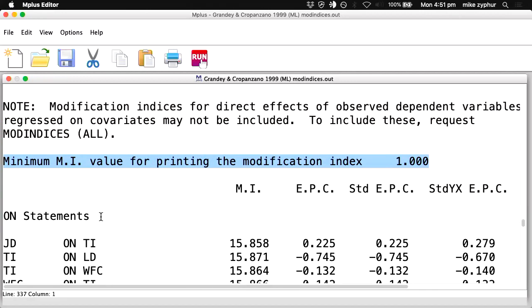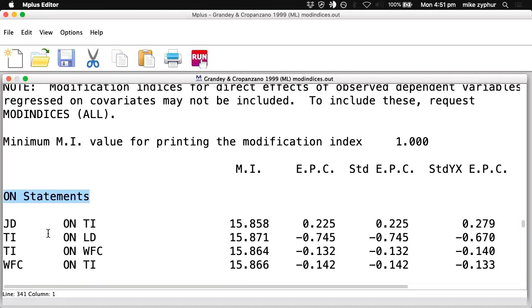Okay, what are the ON statements that we could set up? Well, what haven't we estimated? That was, what is it, WFC and TI or something? So we should see TI on WFC. Well, what happens to the chi-square if we estimate that? This is like expected percent change, etc. But let's just focus on this. What happens if we say TI on WFC? Watch how easy it is to cheat.